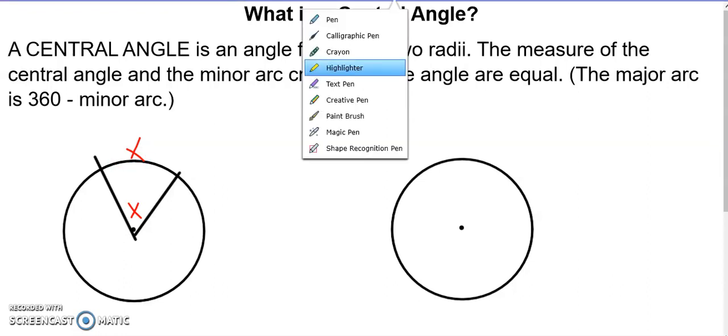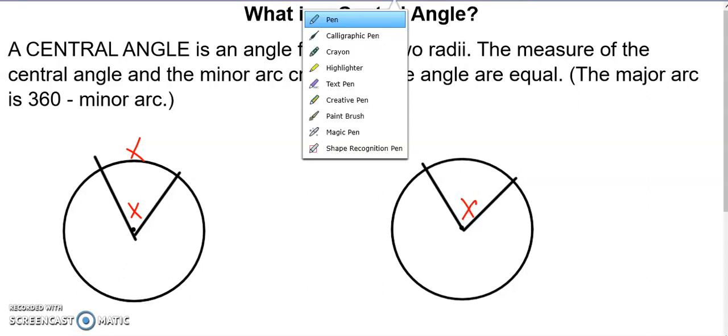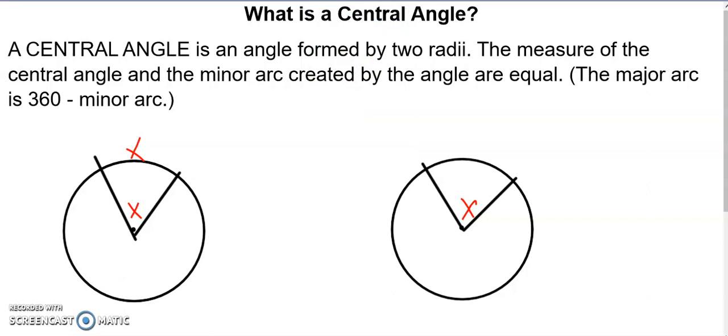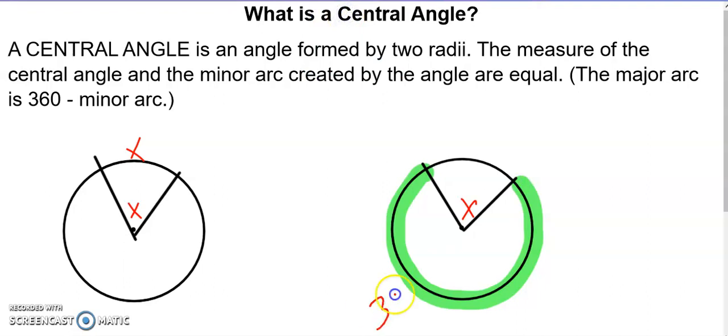There it is. So if I give you this minor arc again, and I tell you this angle is x, the major arc, the one that's more than 180, is going to be 360 minus x.